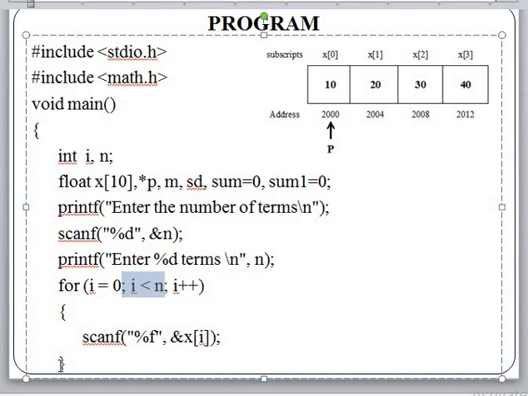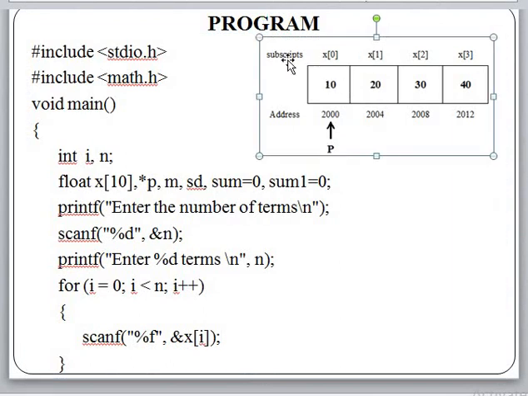Next it goes back, i is incremented by 1 more, so i becomes 4, and 4 is less than 4, the condition becomes false. When the condition becomes false, it goes outside this loop to the next line of the program. By that time, the array will have read the values x of 0, x of 1, x of 2, x of 3 in this fashion.